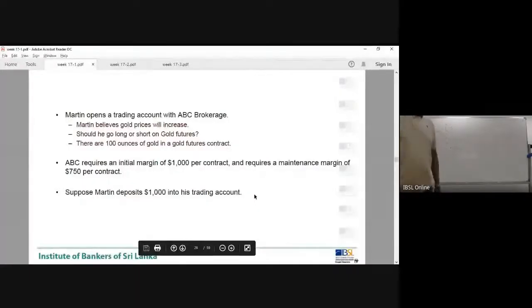Right, so let's try this Martin's example. Martin opens a trading account with ABC. He believes gold prices will increase.